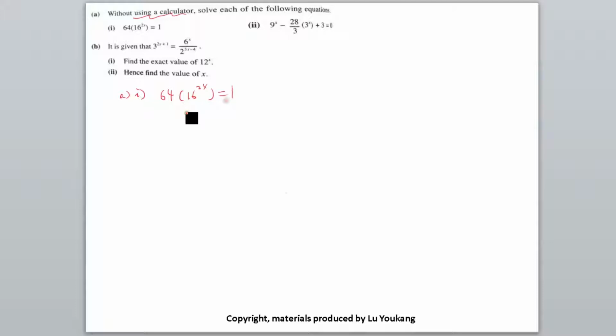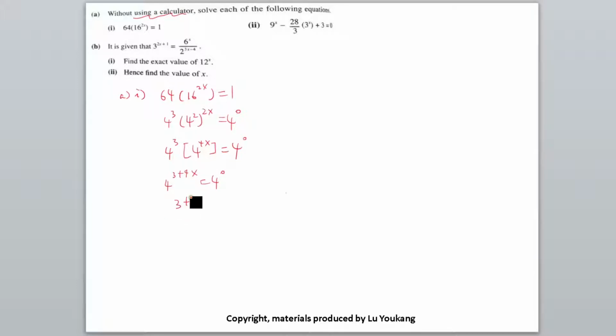So we have 64 times 16 to the power of 2x equals 1. 64 is 4 to the power of 3, while 16 is 4 to the power of 2, while 1 is equal to 4 to the power of 0. Therefore, we have the same base 4 now, and we just need to add up the powers.